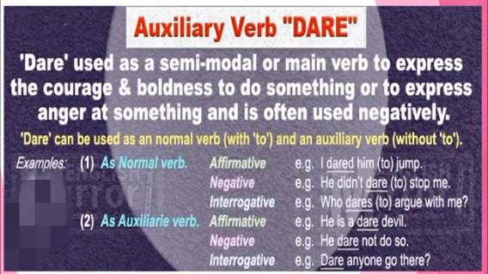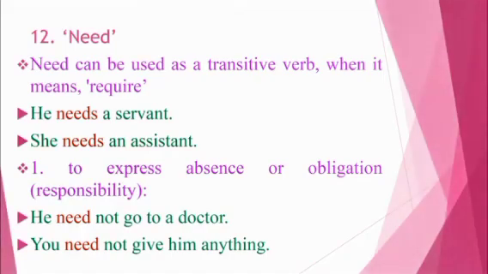Next, we are going to learn about need. Need can be used as a transitive verb when it means require. Example sentences are, he needs a servant, she needs an assistant. Then, need is used to express absence or obligation.